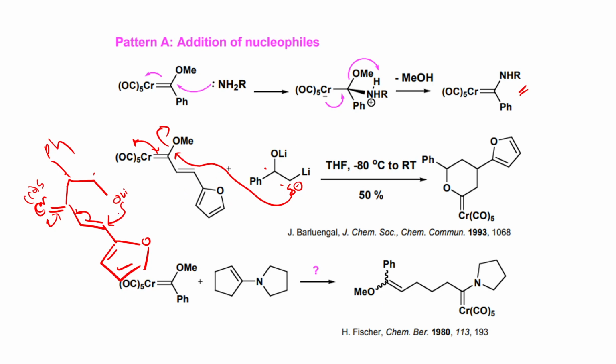So that would end up with, here it is a six-member ring now, like this, and here this ring one is position, carbon is present here.